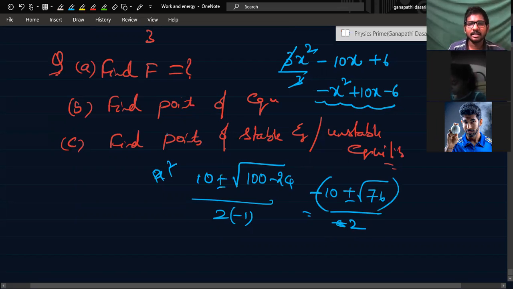So this question has become a little complicated. You take only A and B.